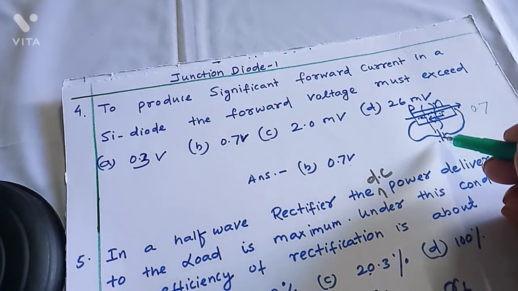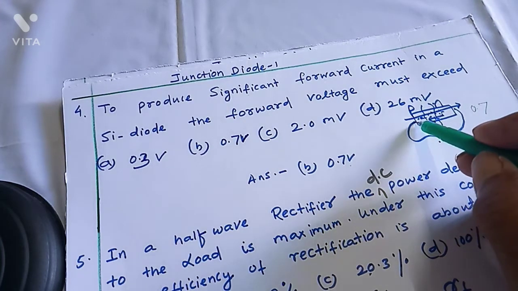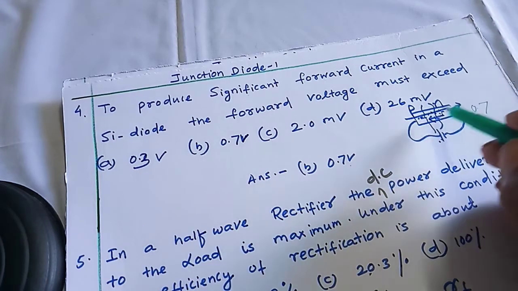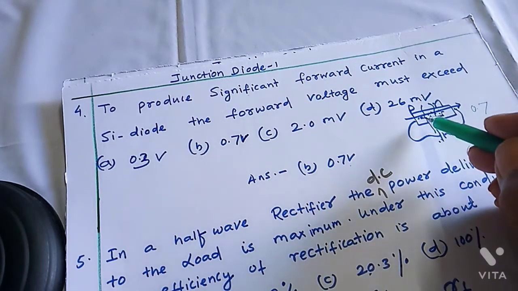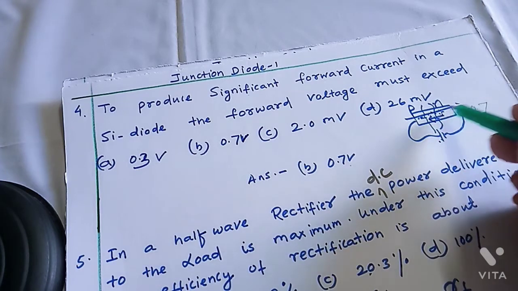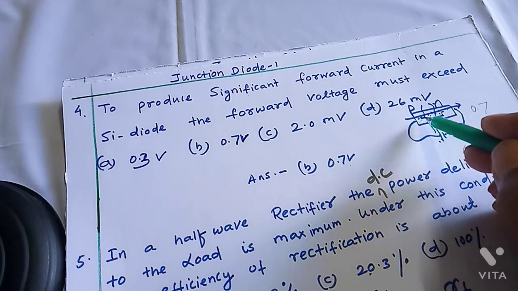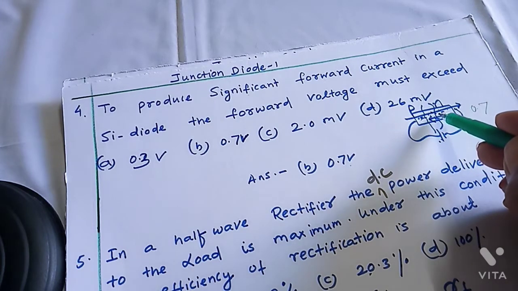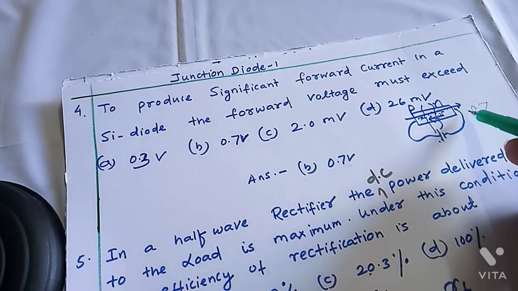Now if we apply a source of EMF and the potential difference exceeds the value of 0.7 volt, then the internal electric field established because of the diffusion process is suppressed and the net field exists from the P region to the N region, thereby holes from the P region move towards the N region, and there is a combination of the electrons and holes at the junction and the forward current flows.